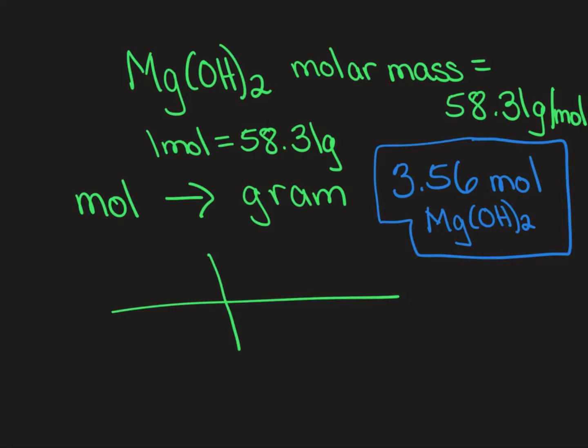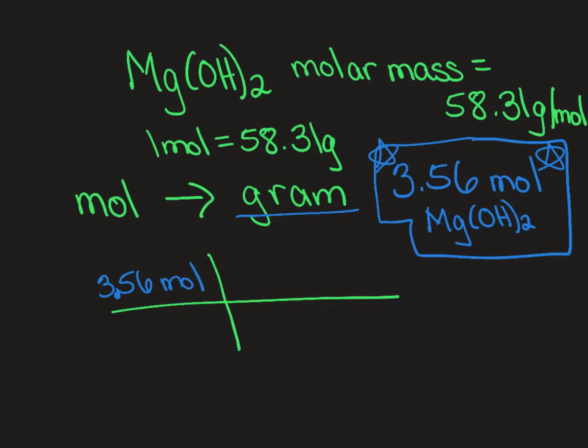So I am given 3.56 mole of magnesium hydroxide. This is what I'm starting with right here. And I need to convert that to grams. So take the number that they've given you, 3.56 moles, and that's how we start our problem.